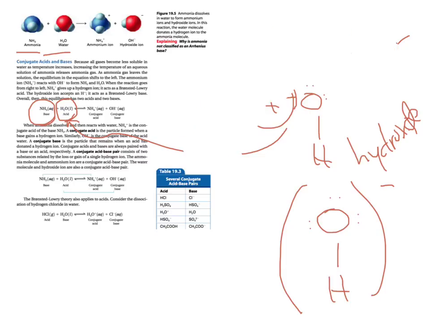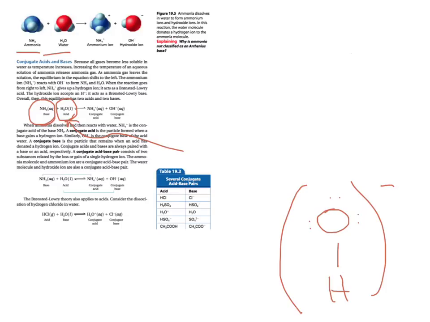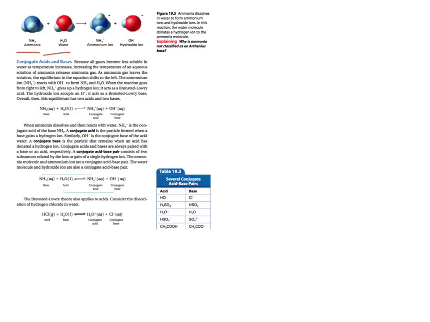Now we're going to erase a bunch of this stuff here, and we are going to consider why we have my ammonia over here as my base. Well, when you think about ammonia, this is the Lewis structure for ammonia, and you guys should remember all this. I've got an unshared electron pair right here.